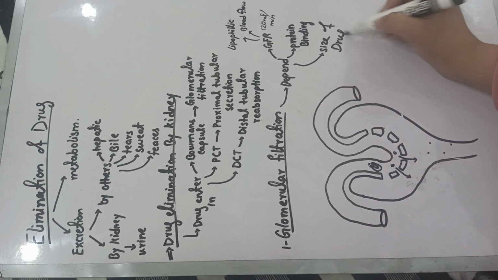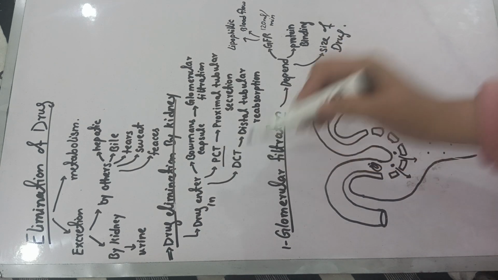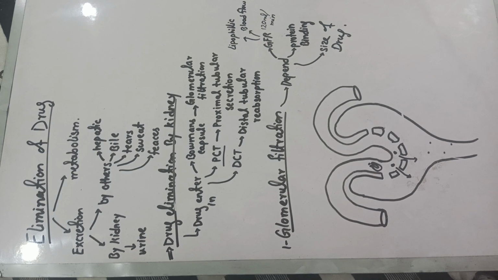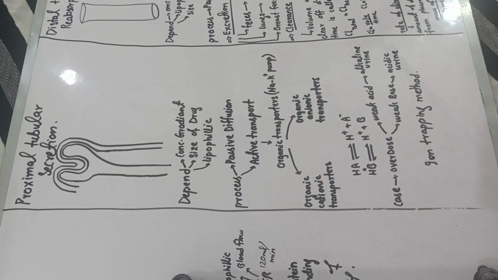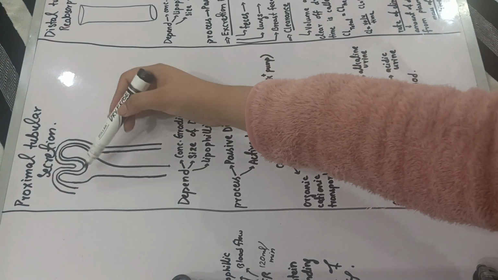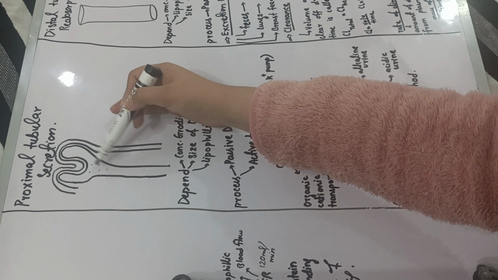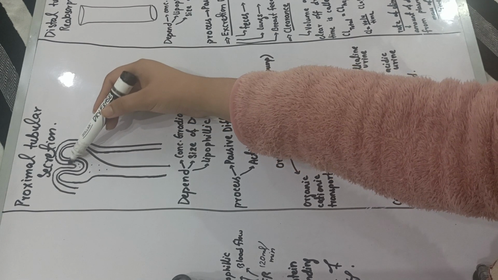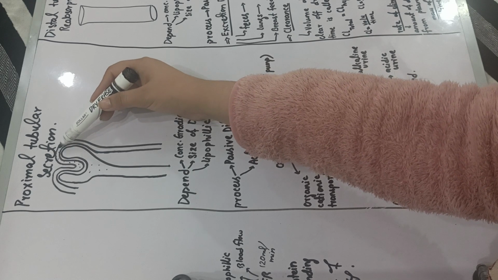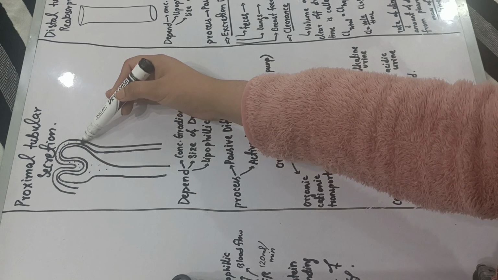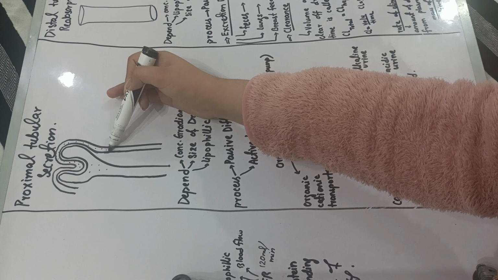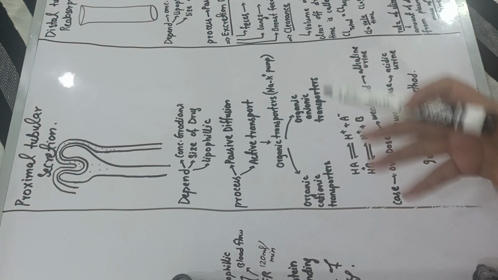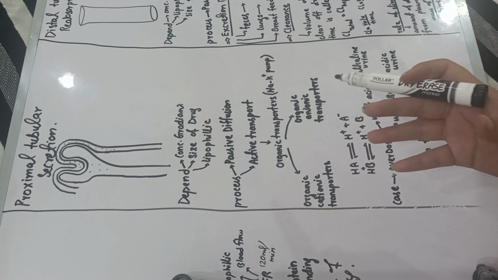Now let's move on to the second process, which happens in the proximal convoluted tubule. After the glomerular filtration which happens here, some of the drugs will move out. But most of the drugs which are protein bound remain in the blood, and they will enter into the efferent arteriole, and from the efferent arteriole they go into the peritubular capillaries. You know very well the efferent arterioles make your peritubular capillaries.